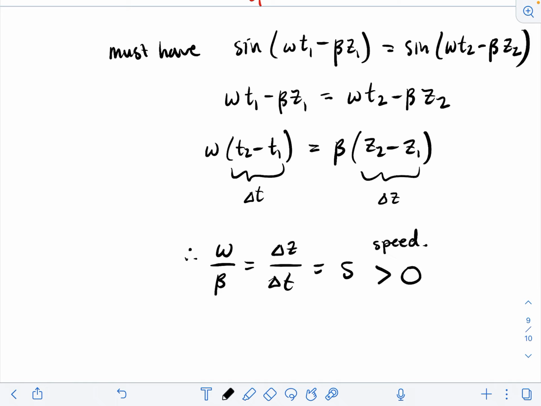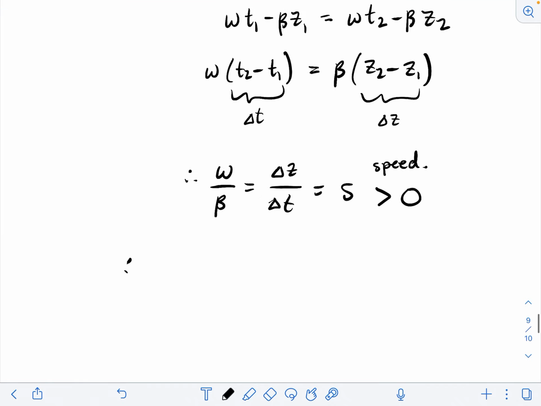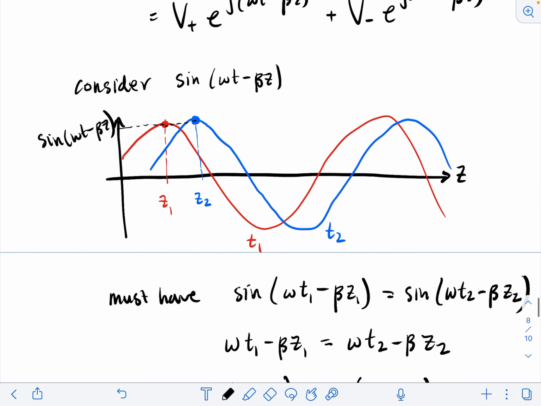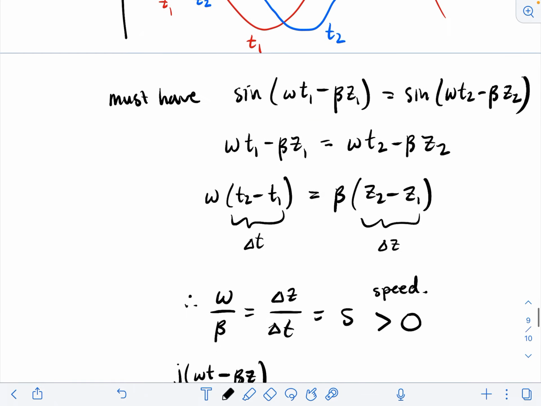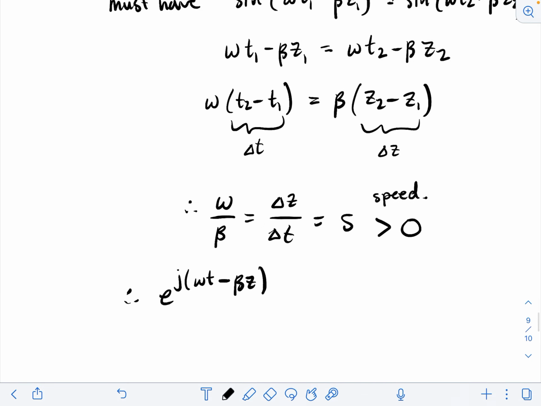So what that means is that the e to the j omega t minus beta z, so we just analyzed the minus beta z case, corresponds to a traveling wave propagating along the positive z direction.